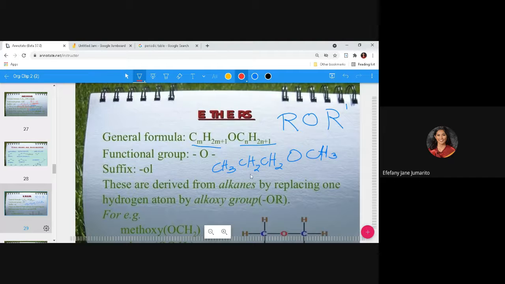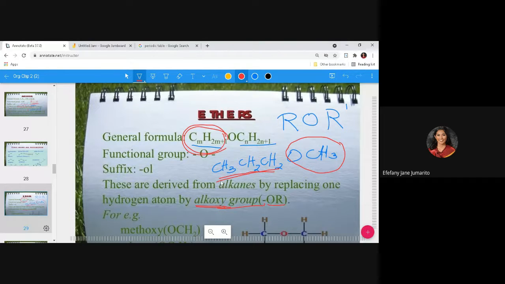The parent chain is your alkyl group. The alkyl group is this one or this one. And this one is your alkoxy. Take note, you have your alkoxy group or the OR. So this one is your alkoxy group.